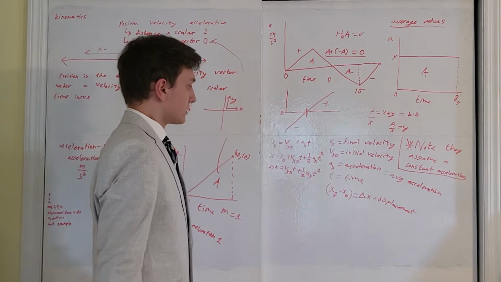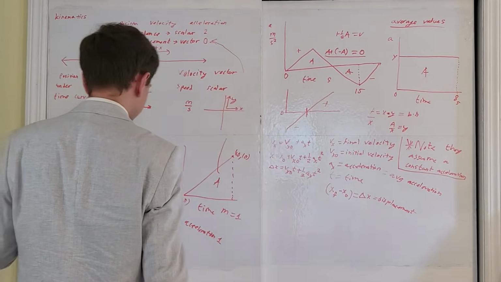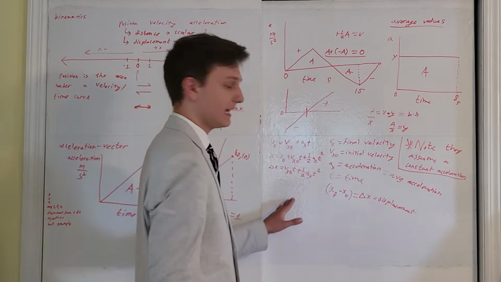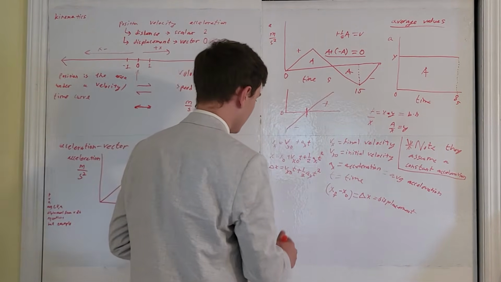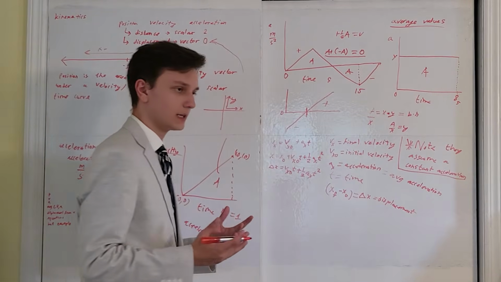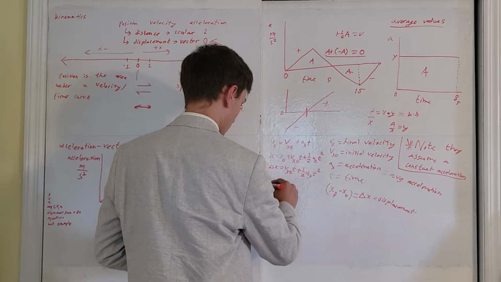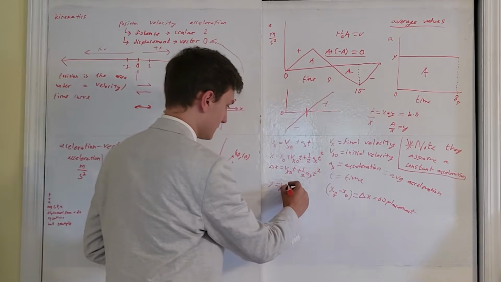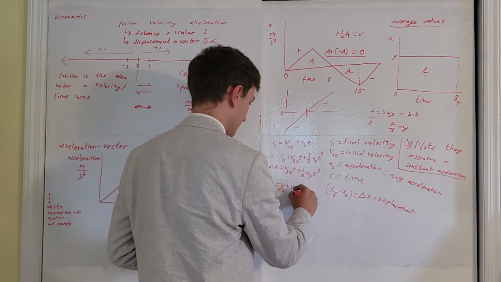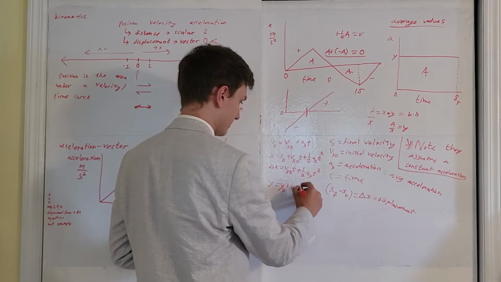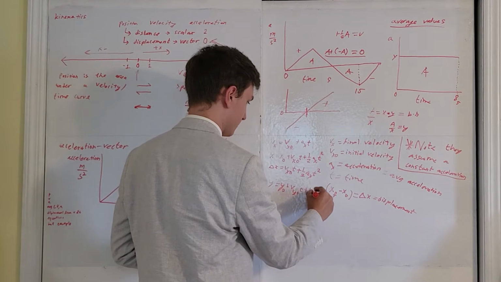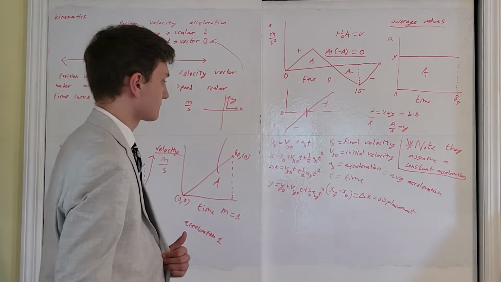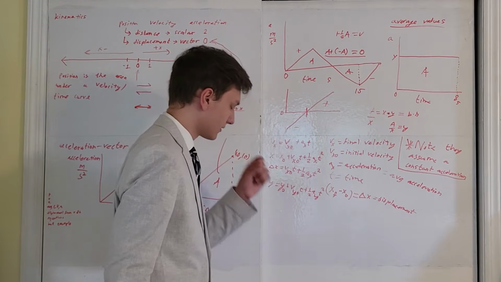Okay, so as I was alluding to before, this only looks at the kinematic variables in the x direction. Alternatively, you could rewrite the same exact equation in the y direction, which would be y equals your initial position on the y-axis plus your initial velocity in the y direction times time plus 1/2 your acceleration in the y direction times time squared. Okay? So that is an important factor to consider.